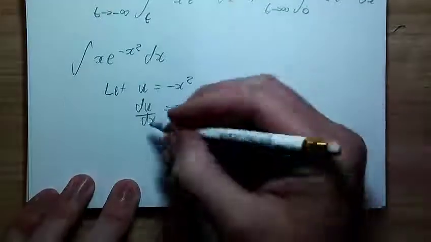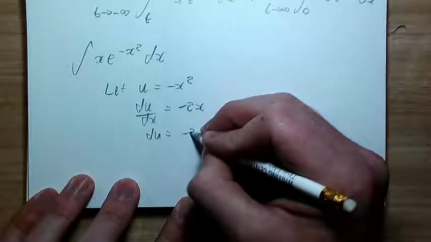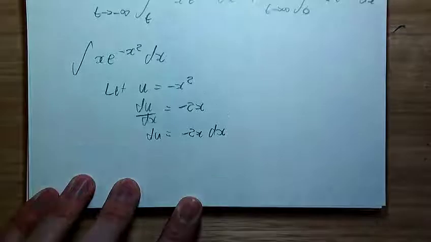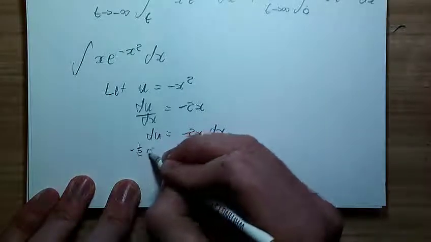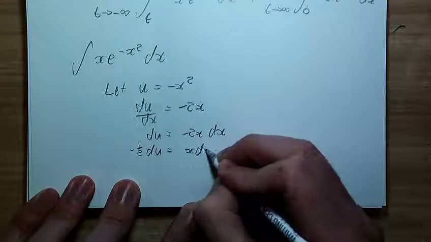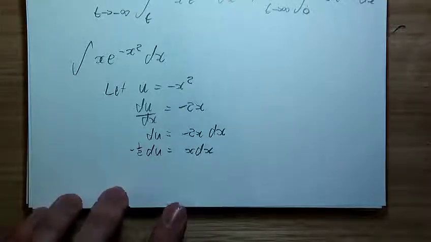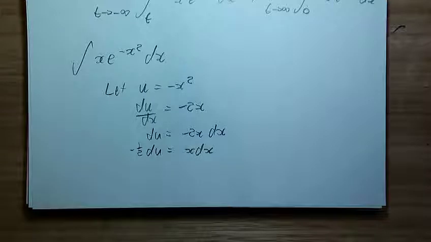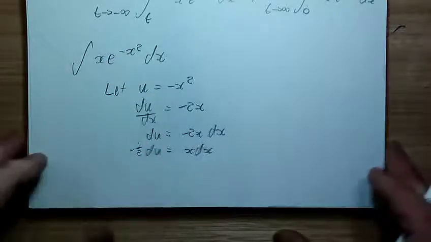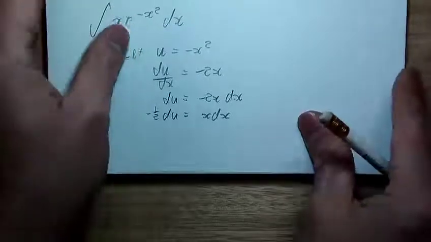And so, minus 2x dx. If I divide by the minus 2, I'll be good. Beautiful. And so the x dx is du, and that is minus a half of du, which means I can do it. Next page, I reckon.